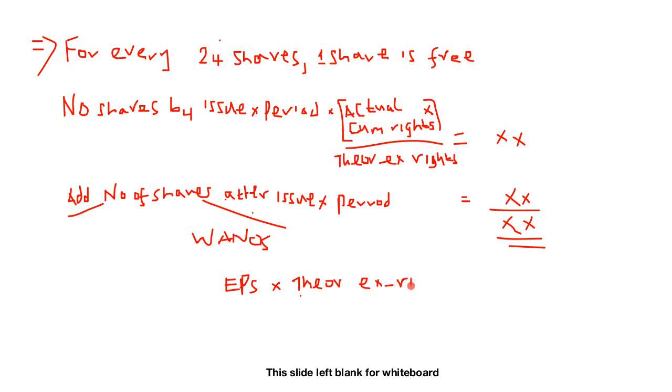X, as I've said, means without the rights issue. So the theoretical X rights, then this we divide by the actual cum rights price.